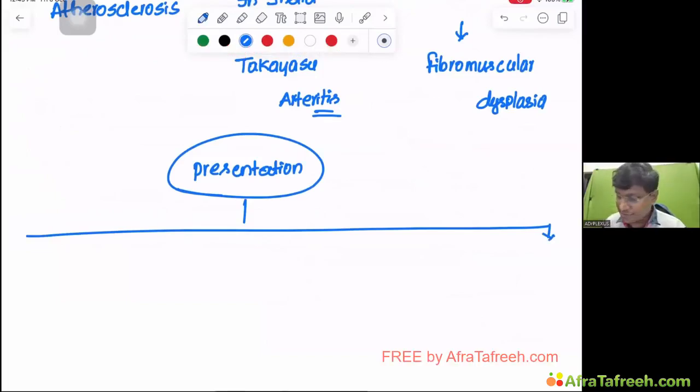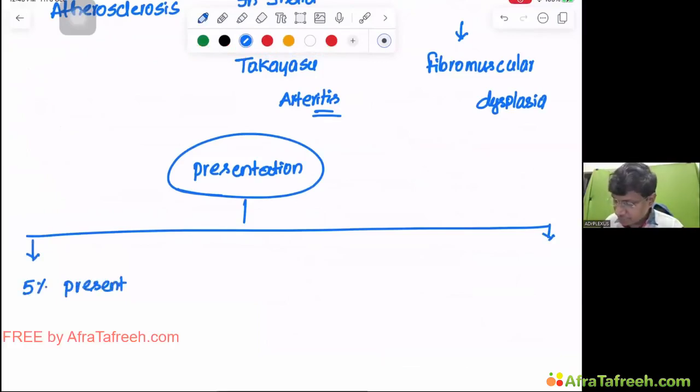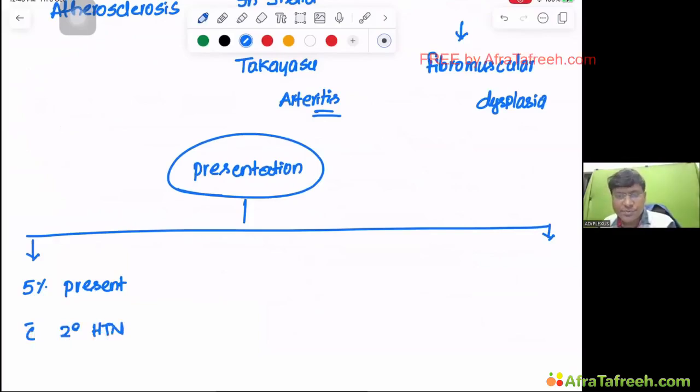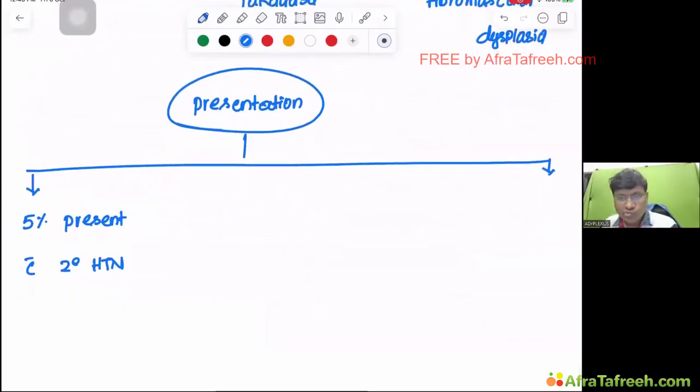Five percent of patients present with secondary hypertension. And renal artery stenosis is responsible for acute or chronic renal failure. Does it cause acute or chronic? Very good, Kiki. So it will cause chronic renal failure.